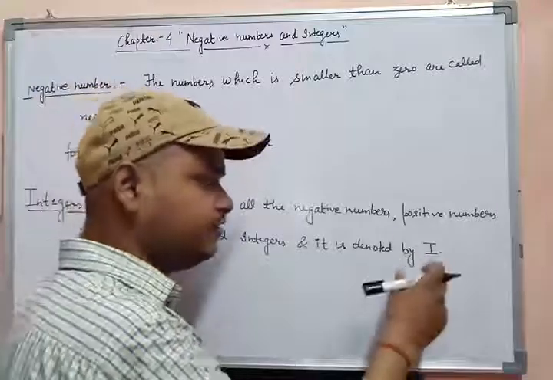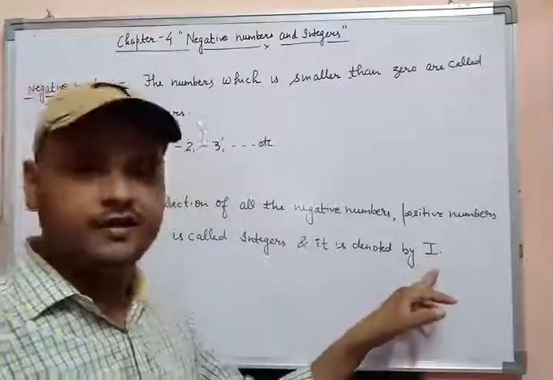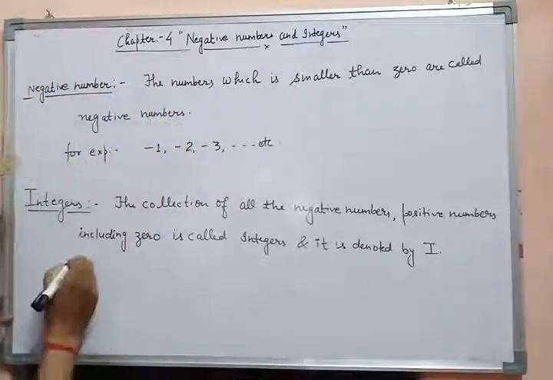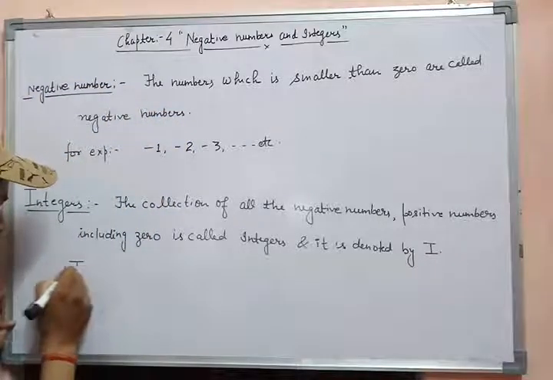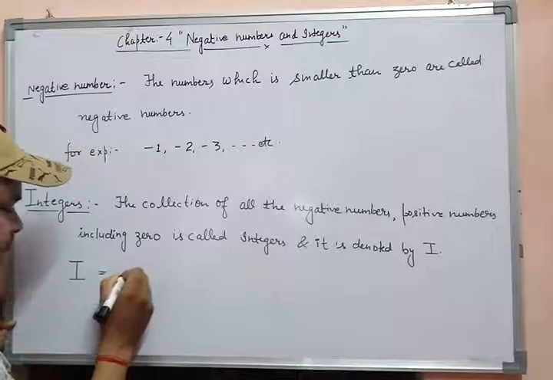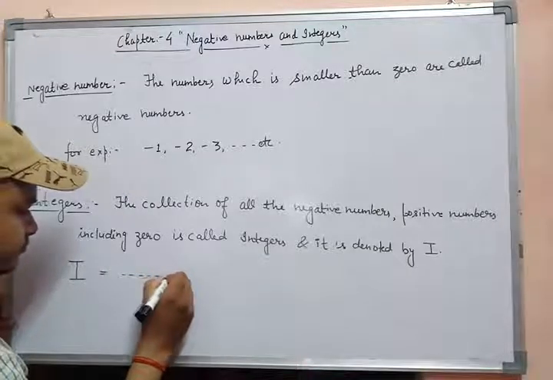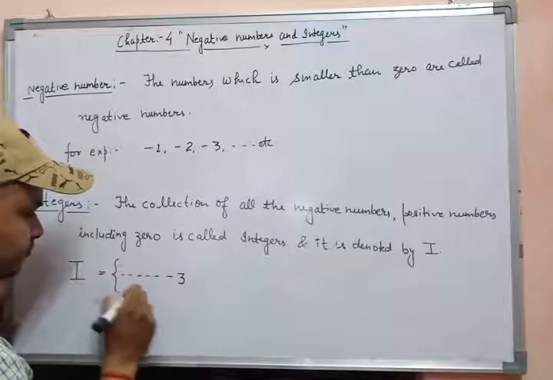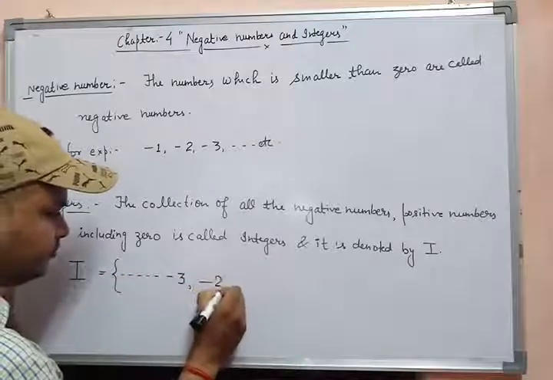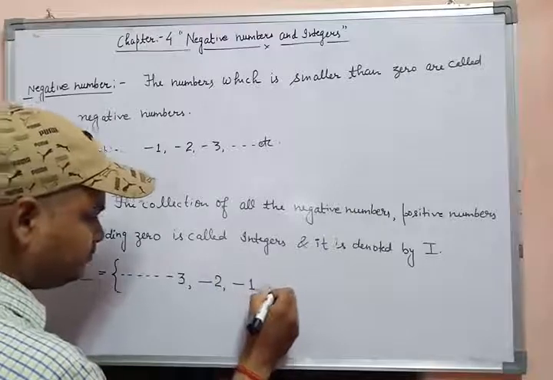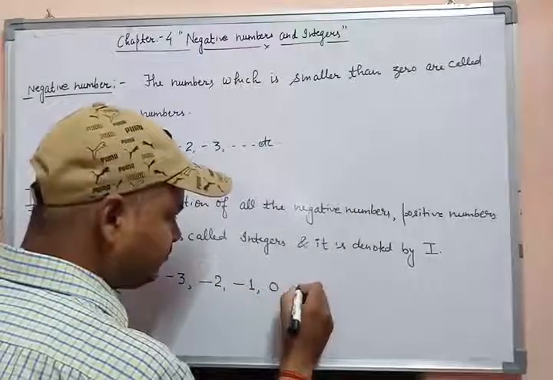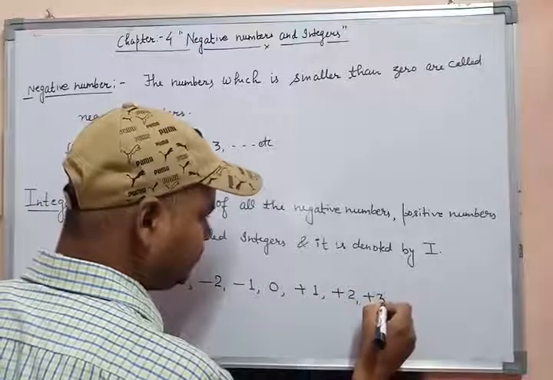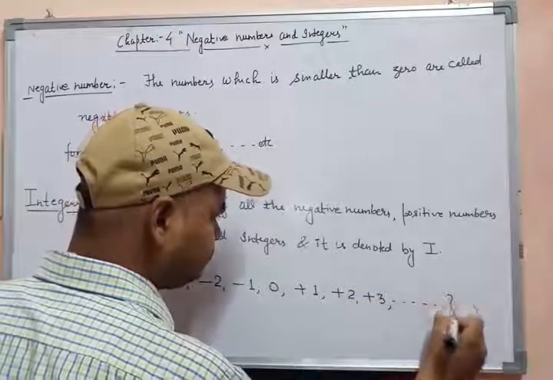In the same way, capital I is the symbol of the integers. So we can write I is equal to -3, -2, -1, 0, +1, +2, +3 and so on.